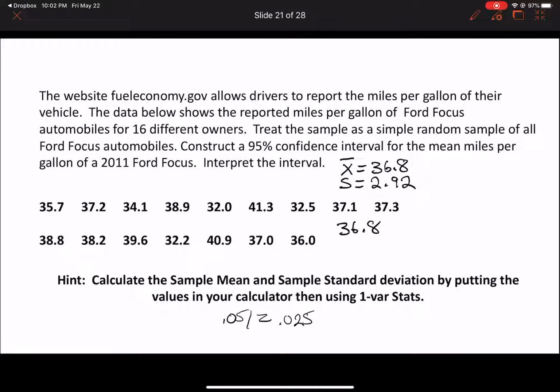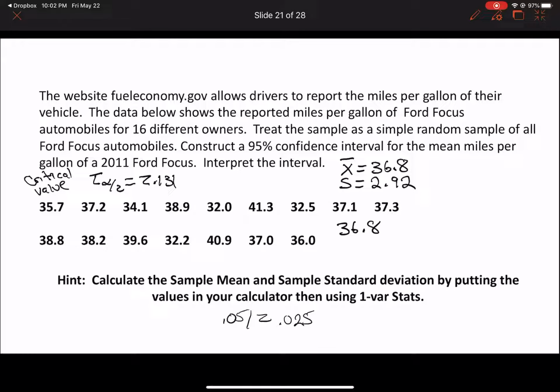So you'll be looking at the 0.025 and 15 on your t-table. So 15 and 0.025, our t alpha over 2 equals 2.131 from our t-table. We got 2.131 for our critical value. That's our critical value.